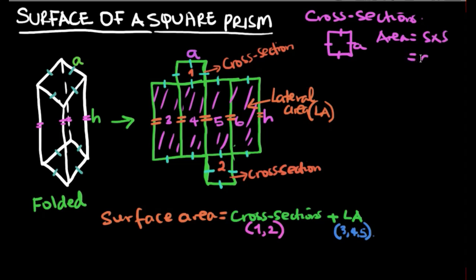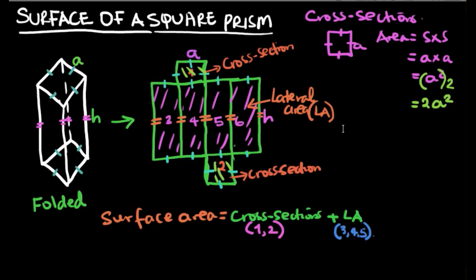So our area will be A times A, and this will be A squared. But because we know that there are two cross sections, we will have to multiply it by 2, so that we get 2A squared.